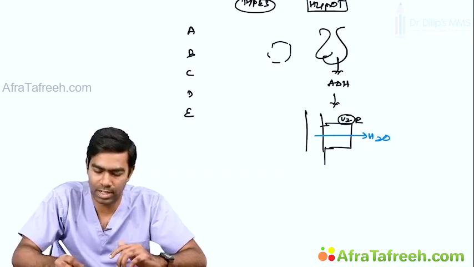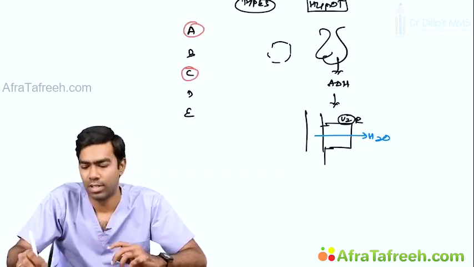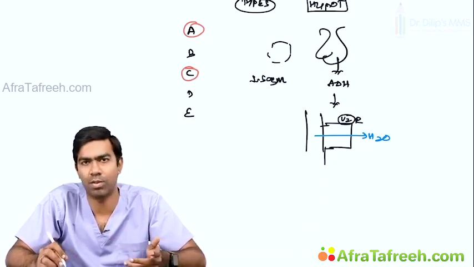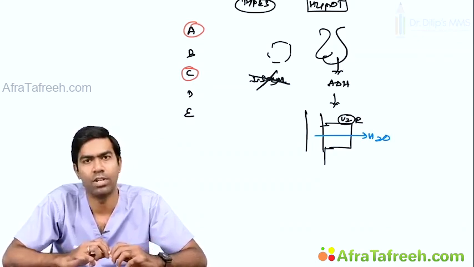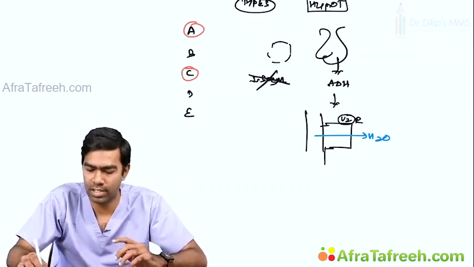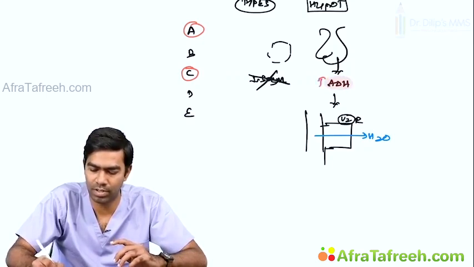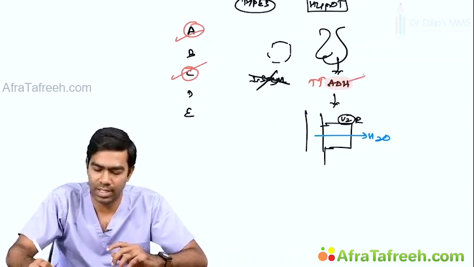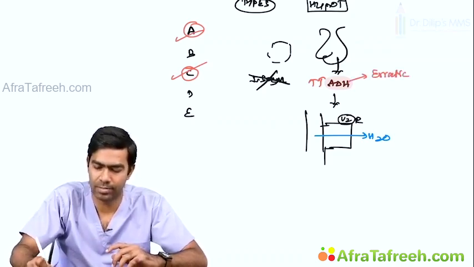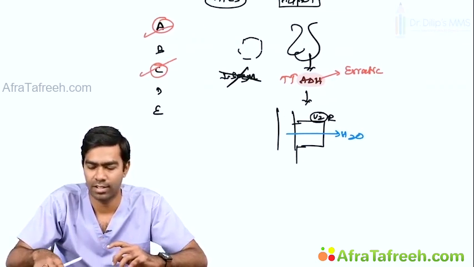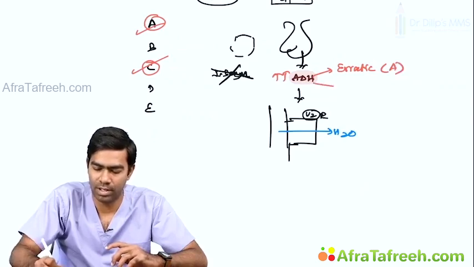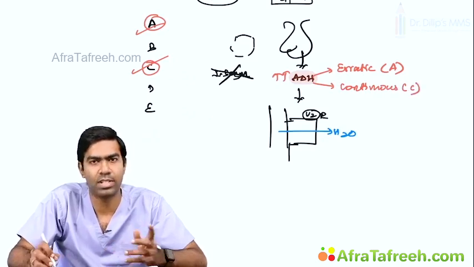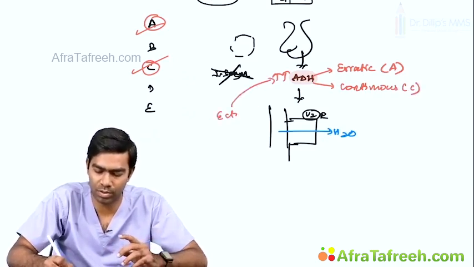So first let us see type A and type C. Type A and type C do not respond to serum osmolality. Even though in SIADH the patients will have low serum osmolality, they are not going to respond to this low serum osmolality, and ADH will be produced irrespective of the serum osmolality. That is the problem in type A and C. If this increased ADH is erratic, that is called type A. If this increased ADH is continuous, that will be type C. Remember, this increased ADH can even come from an ectopic source also.